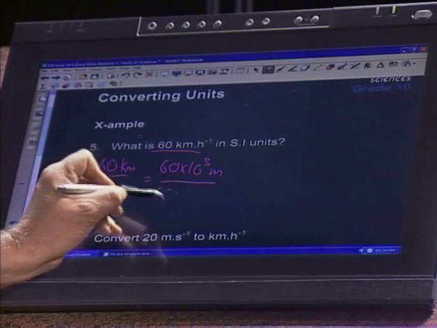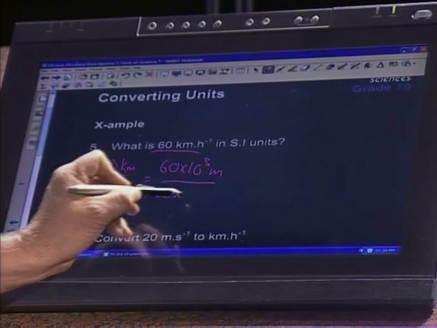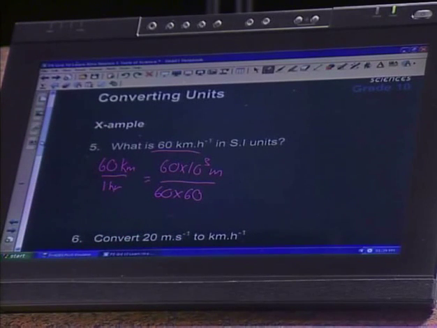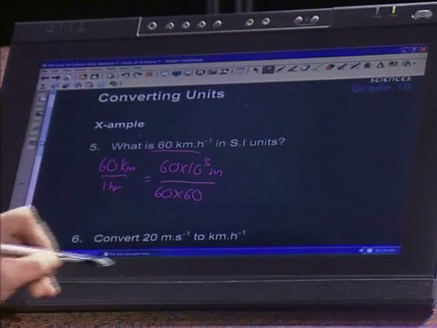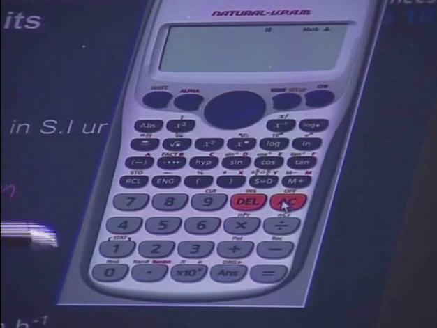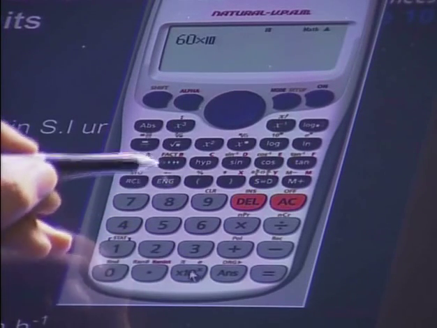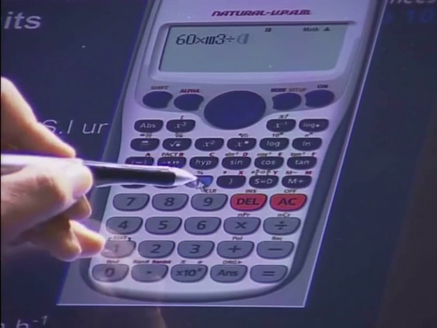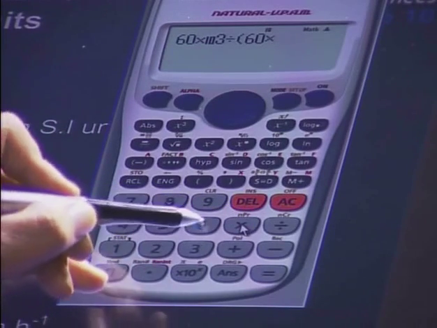So there's 60 minutes in 1 hour and 60 seconds in a minute. So it's 60 times 60. And if I do that, what you're going to see is that you're going to cancel this one out. Let's just do it on the calculator so we can see. We're going to go 60 exponent 3 divided by, and I'm going to put it in brackets so you can see it, 60 times 60.